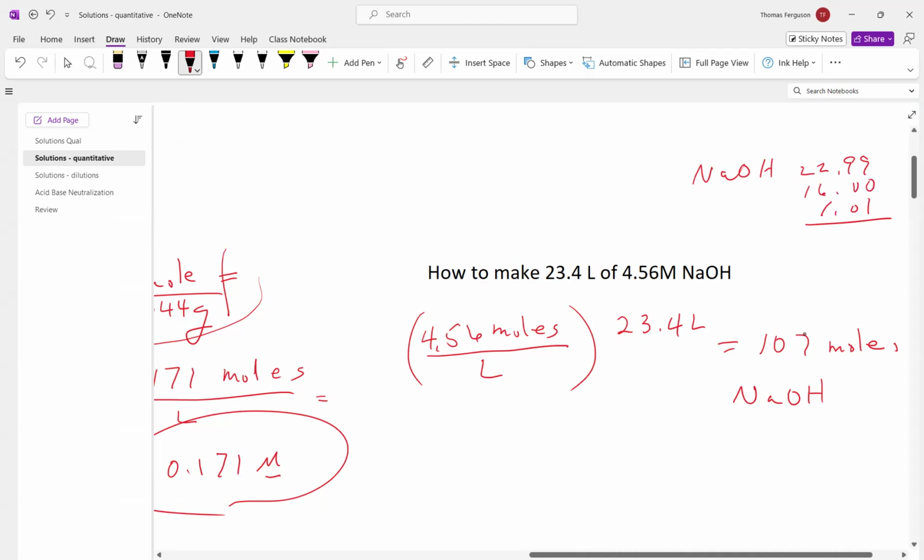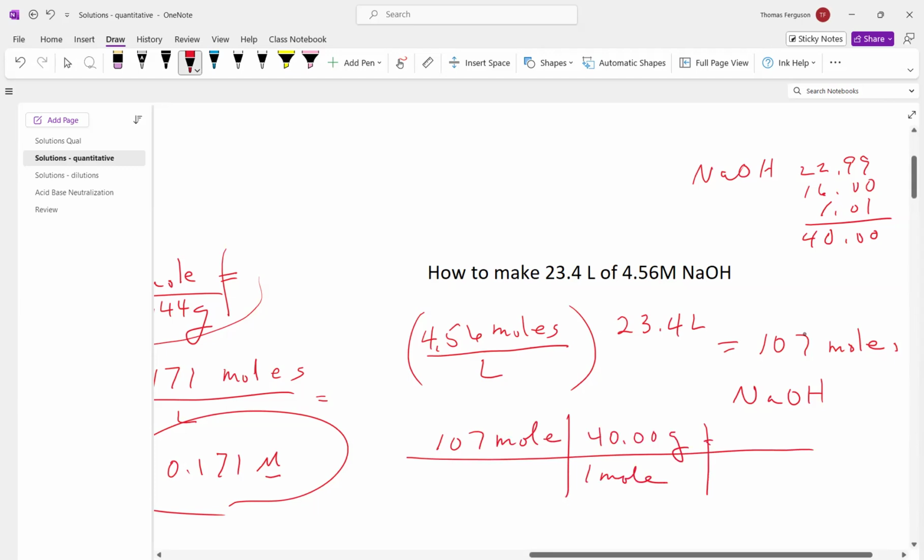So we are looking at 40 grams per mole. So 428.